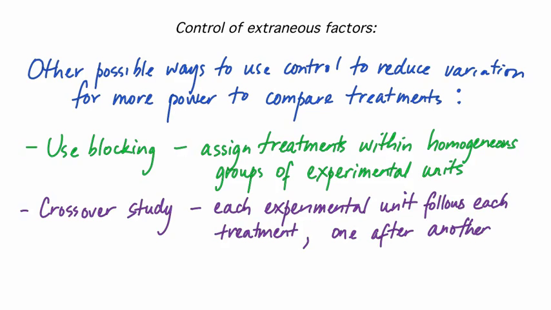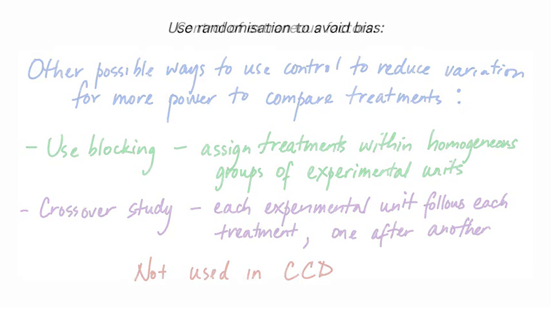However, part of what made CCD a novel study is that subjects stayed on their dietary treatments for 1 year, a long term for a nutrition study, in order to assess long-term effects. So in this situation, a crossover study isn't practical. The next principle of experimental design is the use of randomization to avoid bias.